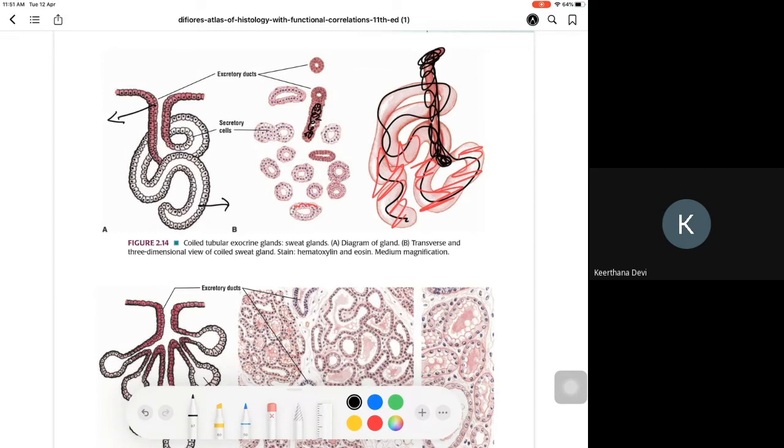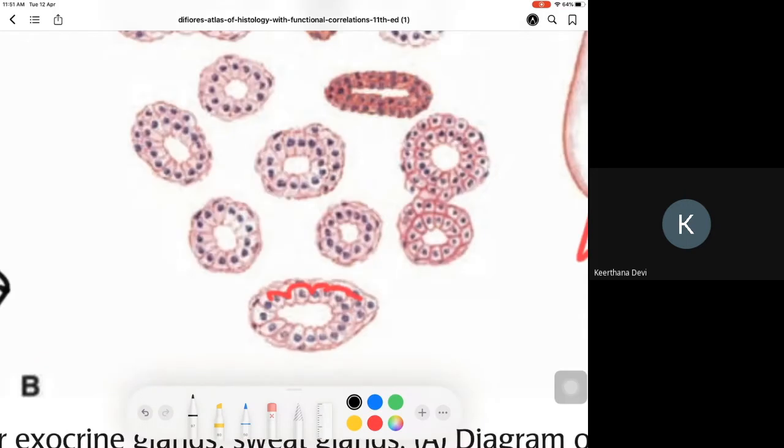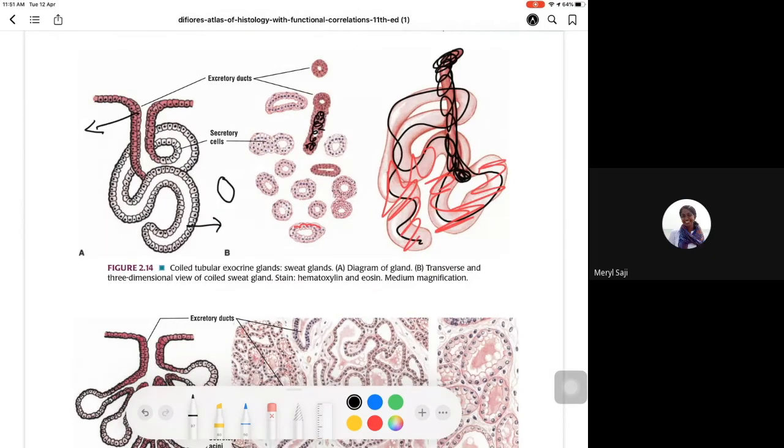And one more thing you have to remember, they have not shown it here. If you enlarge these glands, they will have two layers. This is the lumen and luminal epithelial cells. Okay, and I will draw the nuclei there.